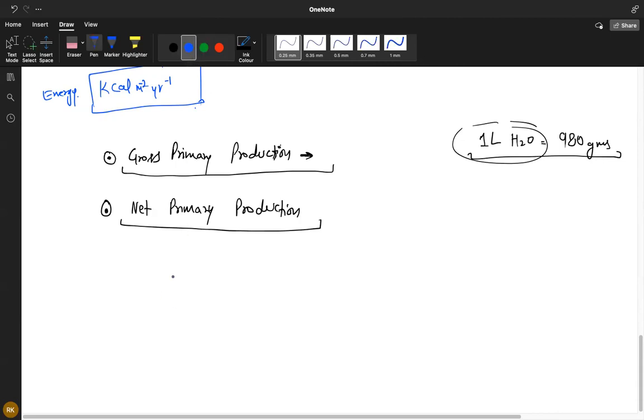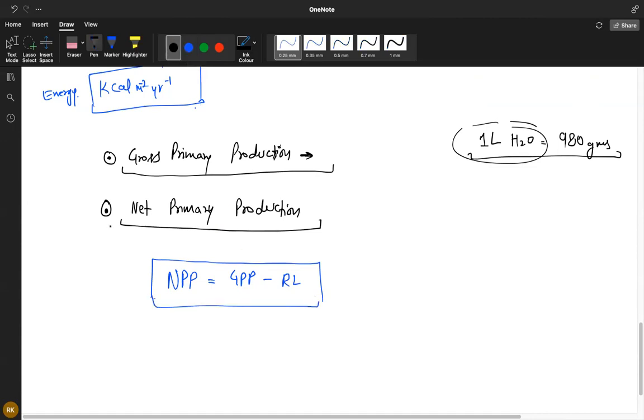So if I write a formula, net primary productivity, NPP, will be gross primary productivity minus respiratory losses. Okay. NPP is this. GPP is this. And RL is respiratory loss.